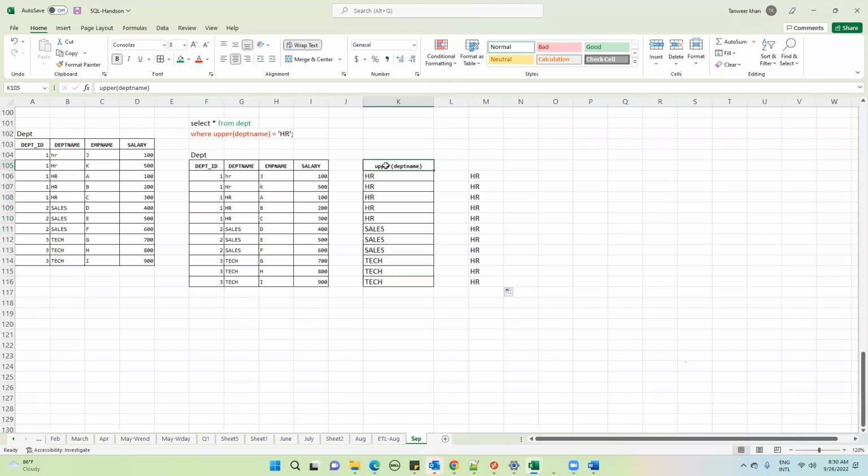So this is your upper department name, and this will be compared with this only. So far, is it clear? Any question? Now, is this HR same as this HR? Yes. Till here, it is exactly the same.